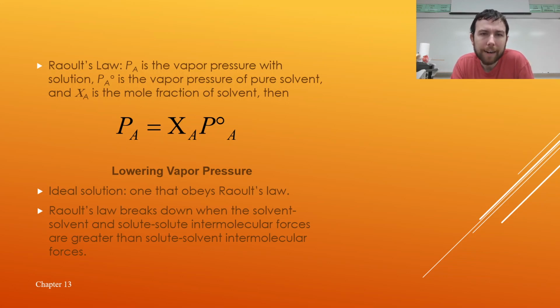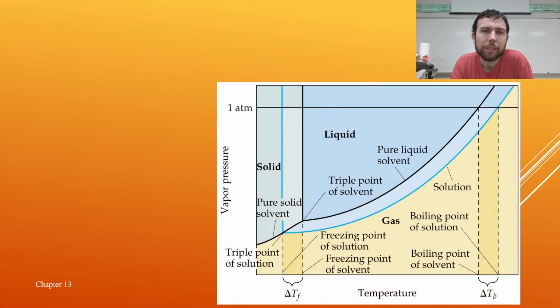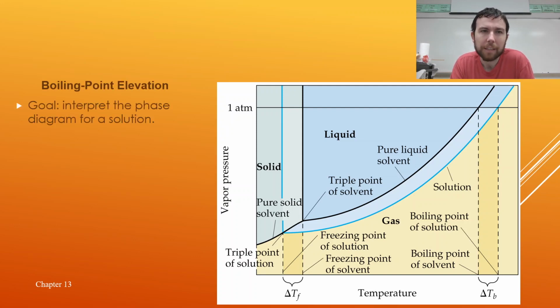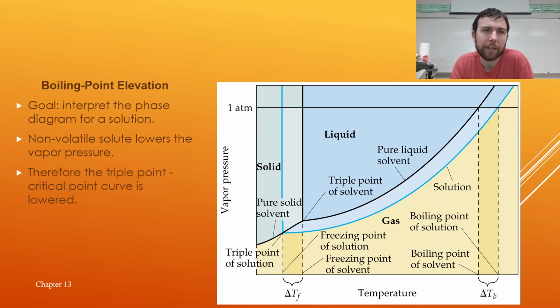Let's take a look now at our boiling point elevation. Now, from the definition, it should make a lot of sense as to what we're talking about, right? So boiling point elevation is simply communicating that when you add a solute to a solvent and you make a solution, it's going to raise the boiling point of that solution with respect to the solvent.